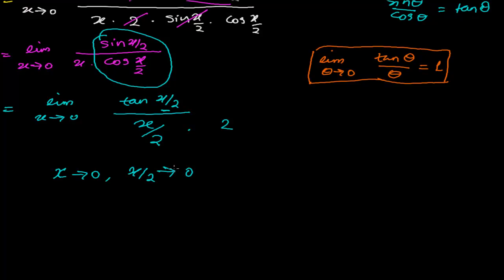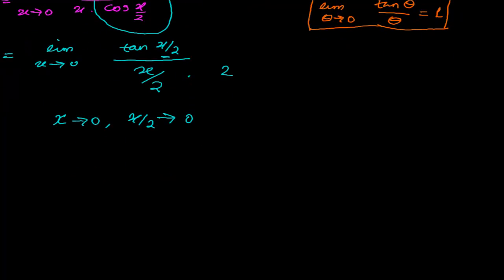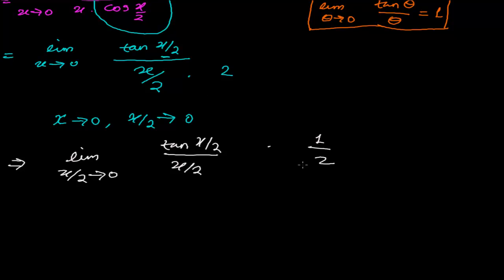You understand? Now in the next step, which is almost the final step, in the place of x tends to 0, I can easily write half of x tends to 0, and tan x by 2 over x by 2, and this is 2. So I'm writing this 2 a little bit away.